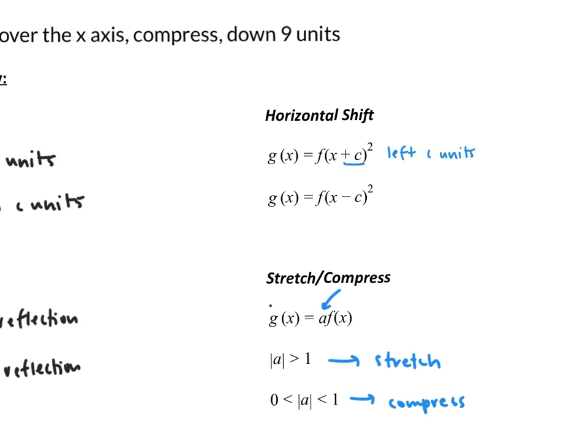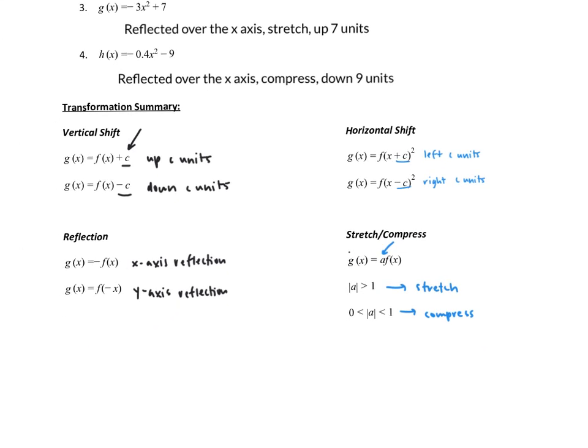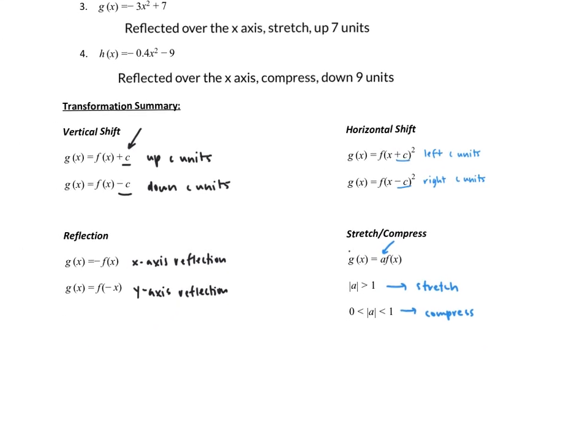So if we see a plus a number in our parentheses being squared, that's really going to shift the parabola left. Also, if we see a number being subtracted from x in our parentheses being squared, that's going to shift our parabola right c units. So something to note there about the signs that we see. So again, a summary on transformations with quadratics.